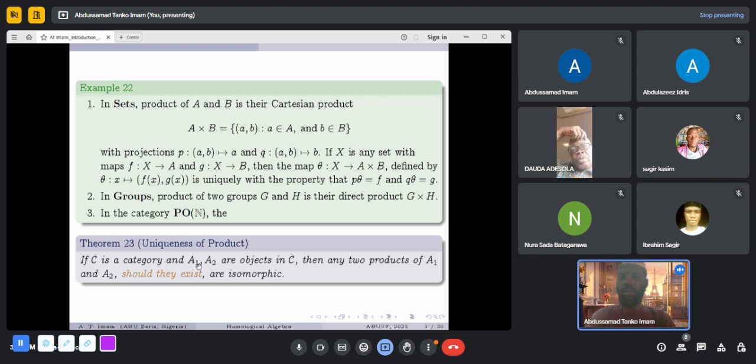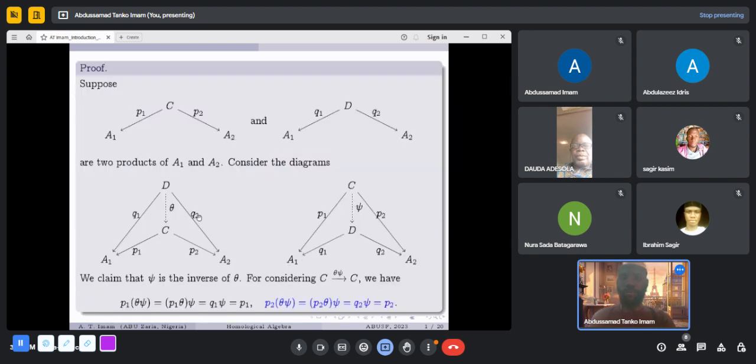In other words, if the products of A1 and A2 exist, any two of them are isomorphic. Actually, you cannot have two non-isomorphic products, and this is the proof of that theorem.